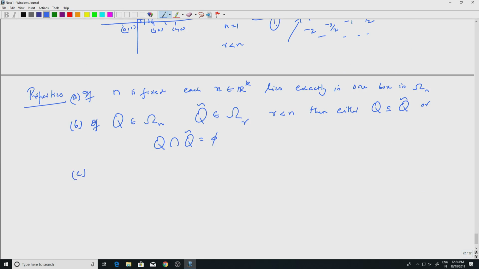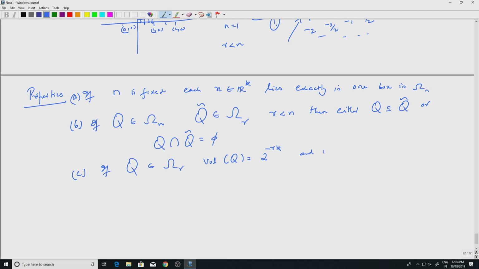Okay. The next one requires a little bit more thought. I will leave it to you. If q belongs to omega r, that is at the rth level, the volume of q, this is trivial, is 2 to the minus r k, because you are in dimension k. So, you have k intervals and each side has length 2 to the minus r. So, it is 2 to the minus r k, that is trivial.